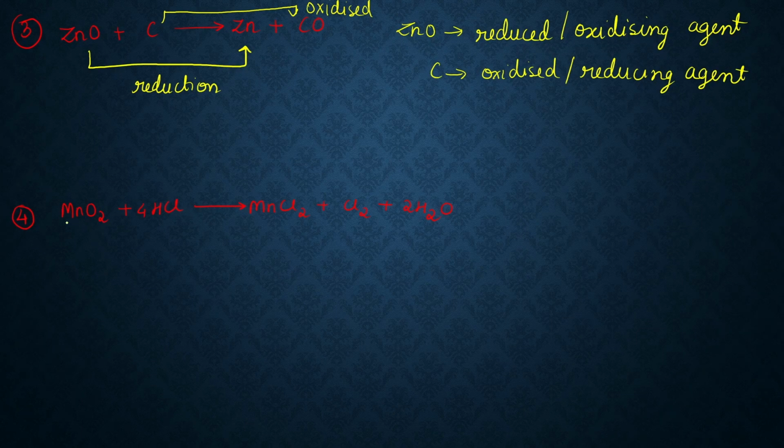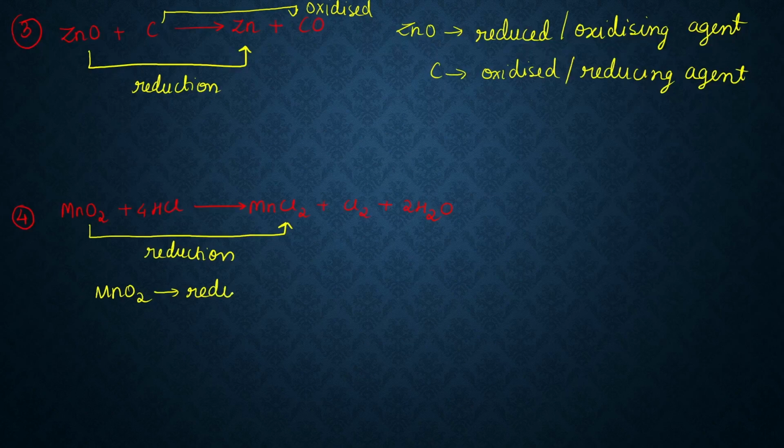Now one more example. Manganese oxide reacts with hydrochloric acid to form manganese chloride, chlorine gas and water. Here manganese oxide is losing oxygen, am I right? So it is undergoing reduction. From this I can say that MnO2 is getting reduced, and on the other hand it is facilitating oxidation. That is why it is an oxidizing agent.